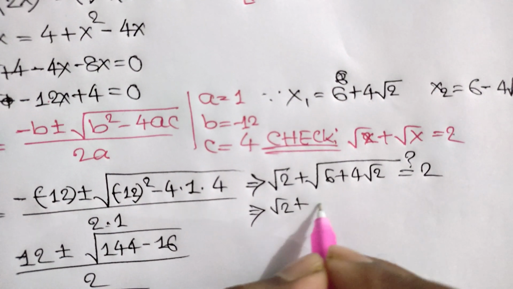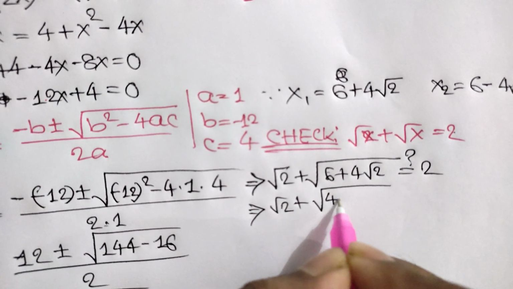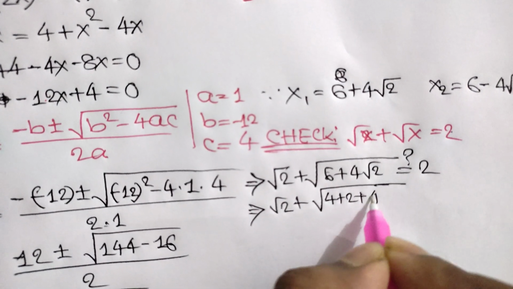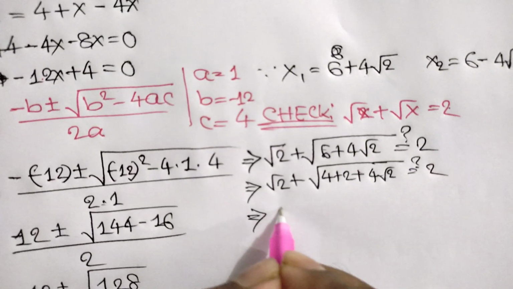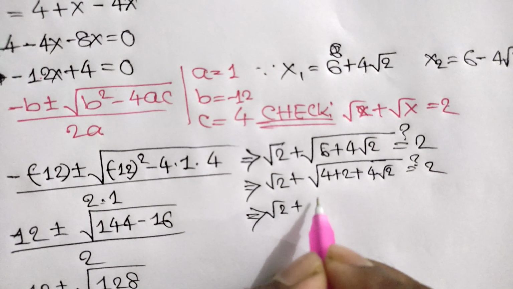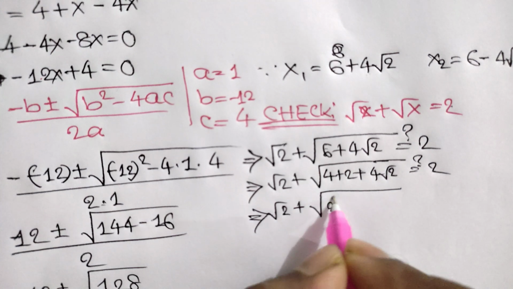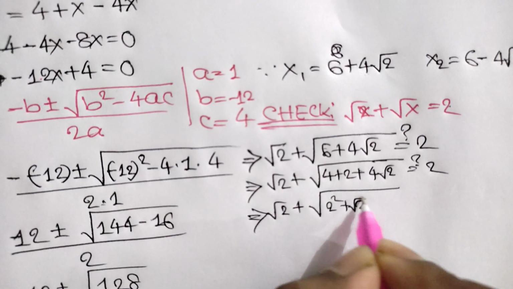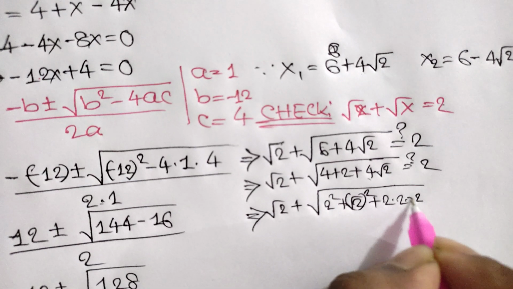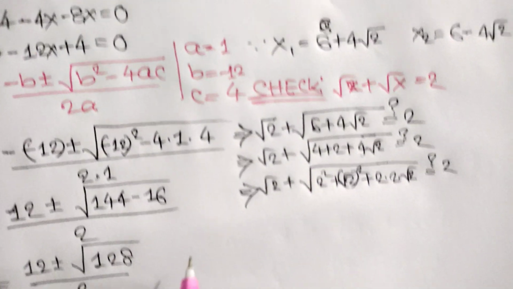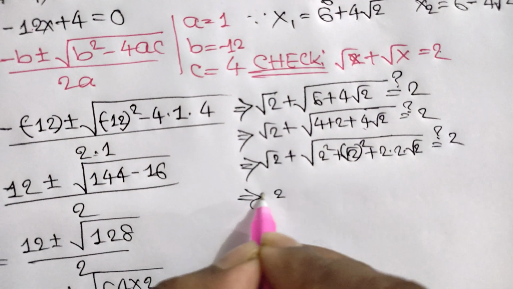Square root of 2 plus square root of 6 plus 4 square root of 2 can be written as square root of 2 plus square root of (2 plus square root of 2) whole square, since 2 square is 4 and 2 times 2 square root of 2 is 4 square root of 2.